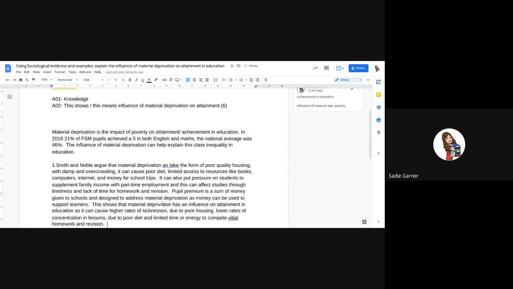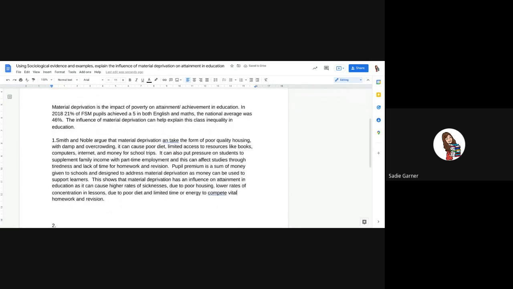The influence of material deprivation on attainment is that those learners will have higher rates of sickness generally due to poor housing, lower rates of concentration in lessons due to poor diet or not having had breakfast, and limited time or energy to complete vital homework and revision.